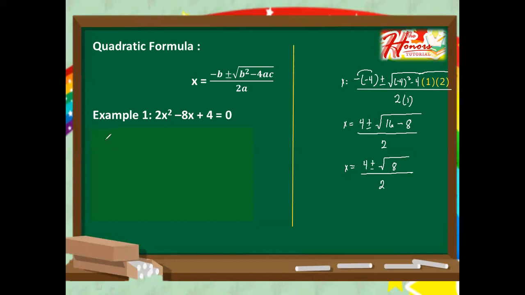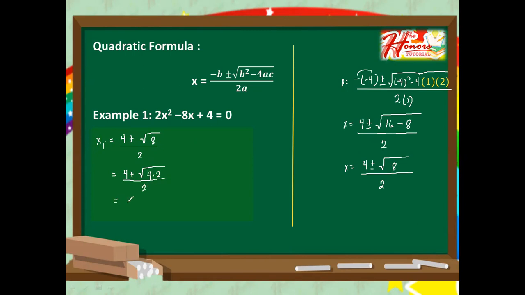So x sub 1 is equal to, let's have positive first. 4 plus square root of 8 over 2. And then it will become 4 plus factors of 8. So that's 4 times 2 over 2.